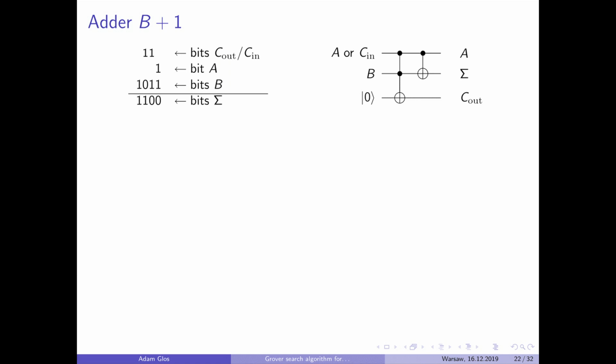There's a general adder gate, but we will need only a simpler one, because we are just adding 1 to the number. So it turns out that the form of this adder is as on the top right corner. This is just one part of our computation.